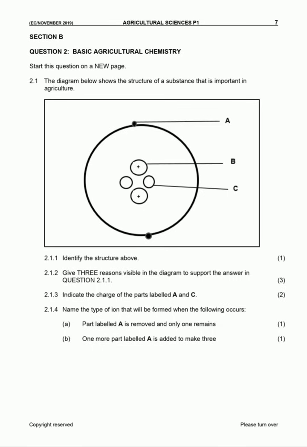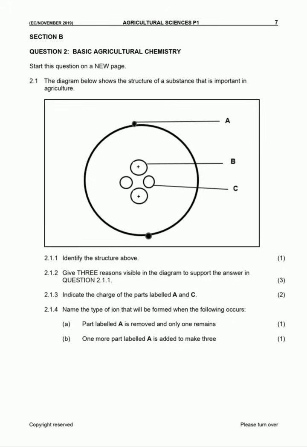This is section B. So now you have been given a diagram there. Question 2 is all about basic agricultural chemistry. You have been given a structure and questions. The diagram below shows the structure of a substance that is important in agriculture.